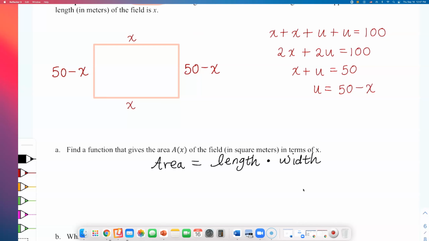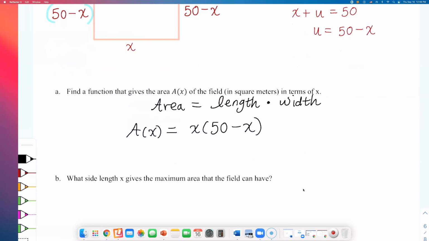Okay. But look at our beautiful diagram right there. We already have length and width labeled. I can do the length times width right here. We can do x times 50 minus x, and that is the area of this rectangle.